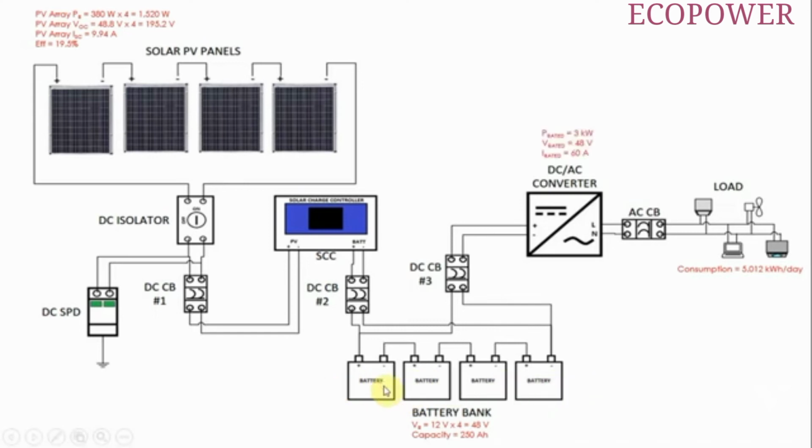In step 4, we have calculated the minimum inverter rating based on the load and its surge power. So the computed load power with the surge considered is a little over 2 kilowatts. Around 2 kilowatts.